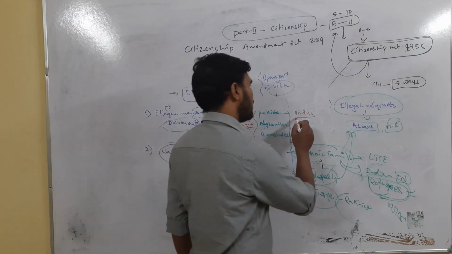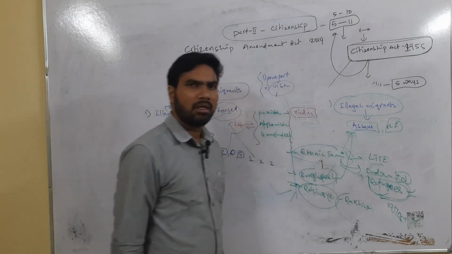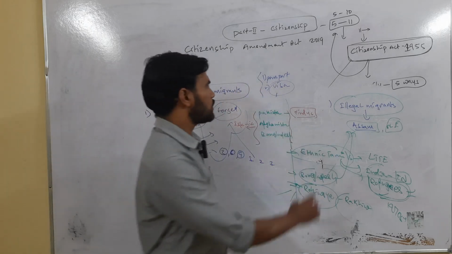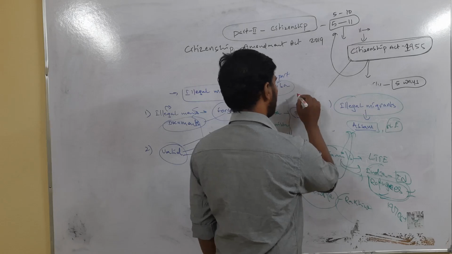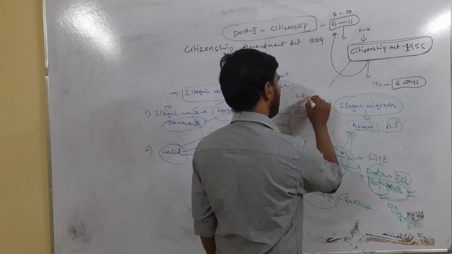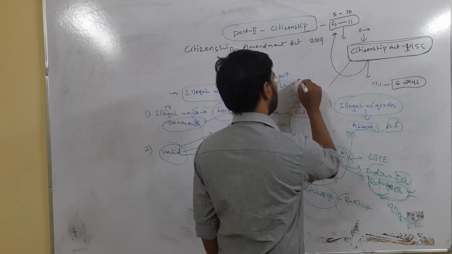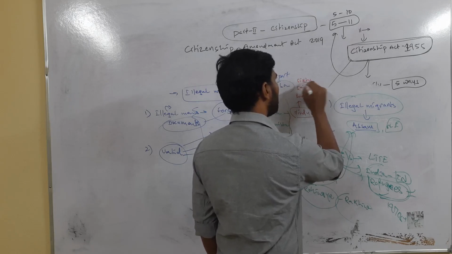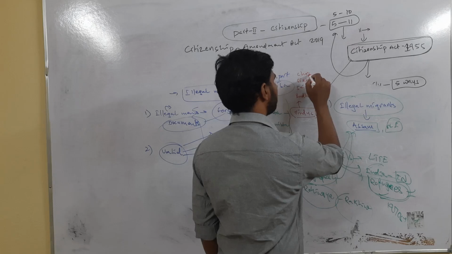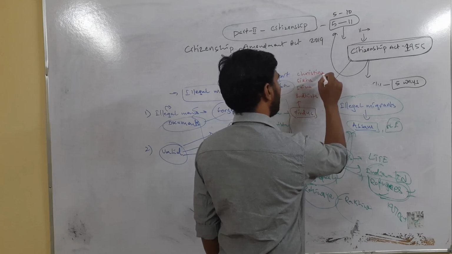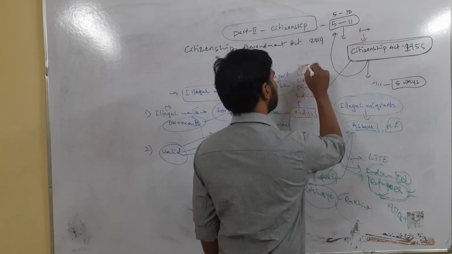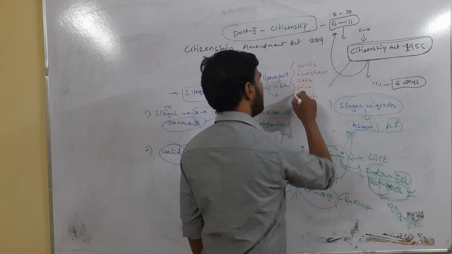In these countries, not only Hindus, there are other minority groups also like Buddhists, Jains, Sikhs, Christians, and Parsis.